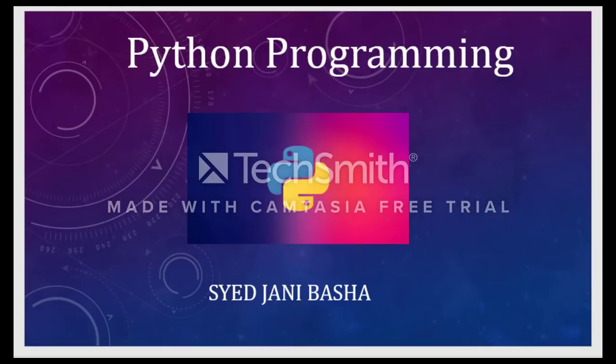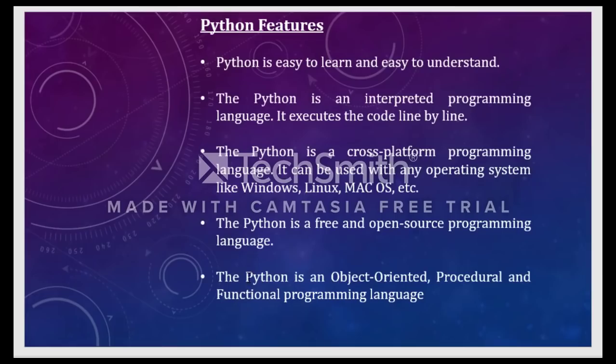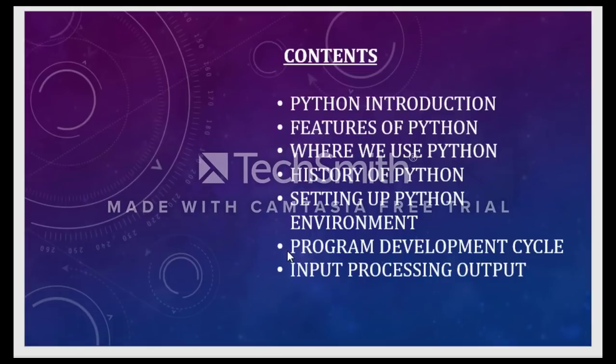In this class, I want to just summarize the concepts we learned in the earlier class. In the previous class, we learned about the basics of the Python language, like an introduction to Python, features of Python, where we use this language, a brief history of Python, and how to set up the Python environment on our desktop system.